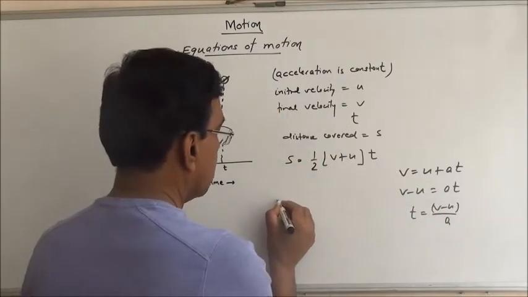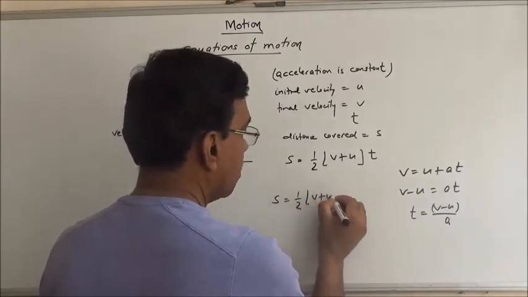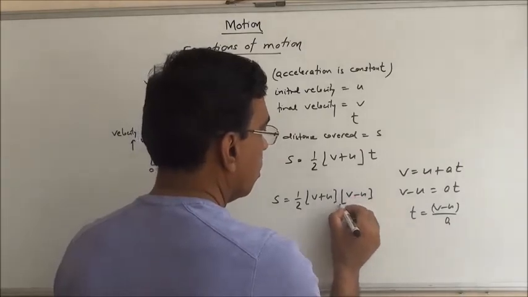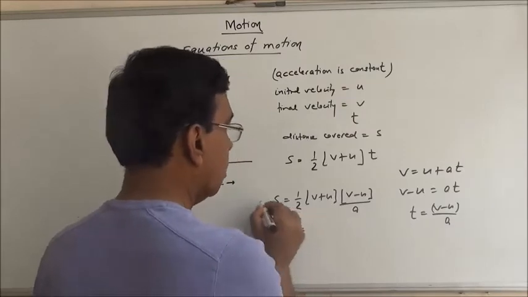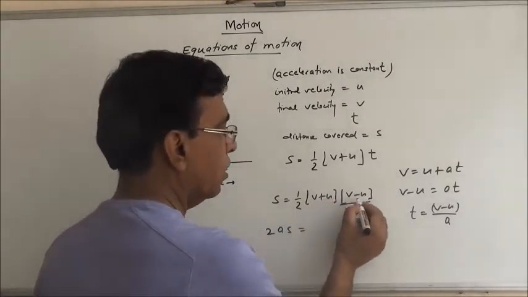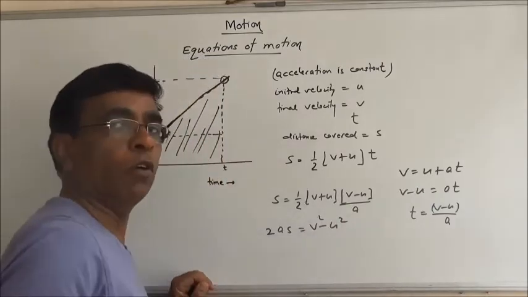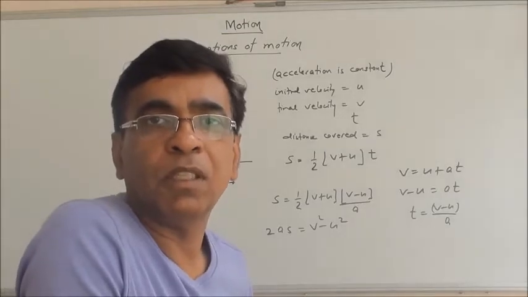Now substitute this. s is equal to half, v plus u, into v minus u upon a, or 2as is equal to, cross multiply, v minus u, v plus u. What is it? Can you recall the expression? a square minus b square is a plus b into a minus b.